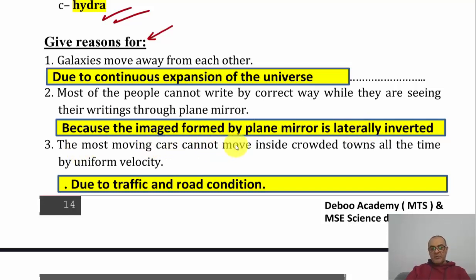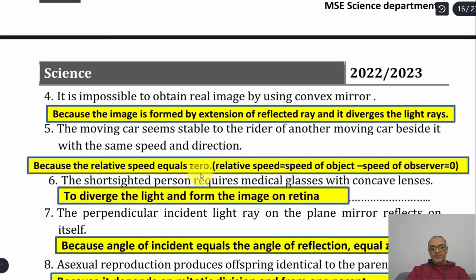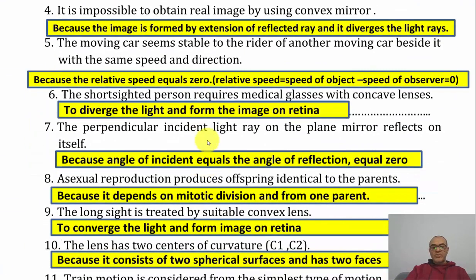Moving cars cannot move inside crowded towns all the time with a uniform velocity because of the traffic and the road conditions. Question number 4. It's impossible to obtain a real image by using a convex mirror, because the image is formed by extension of reflected rays and it diverges the light rays.